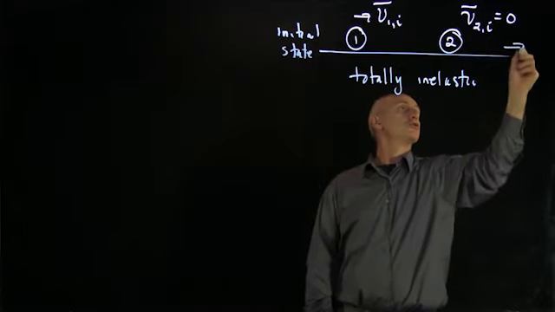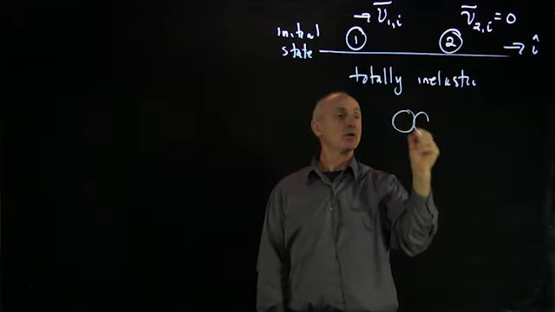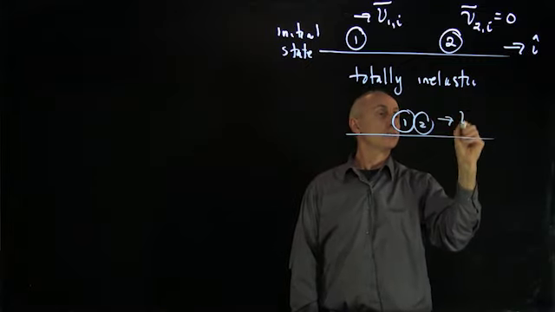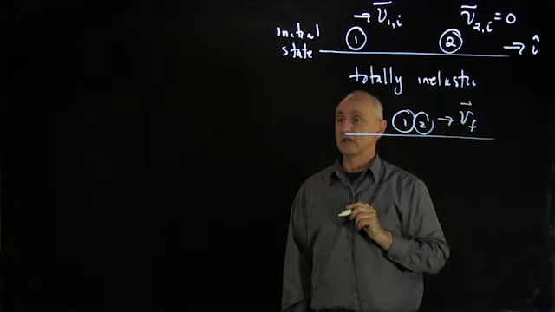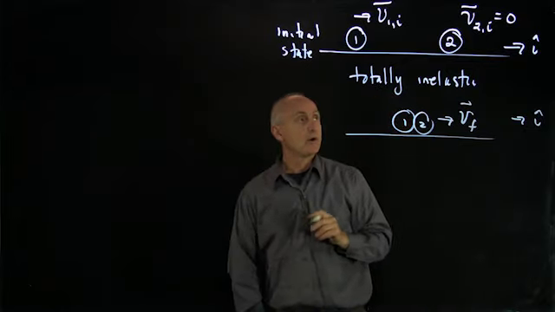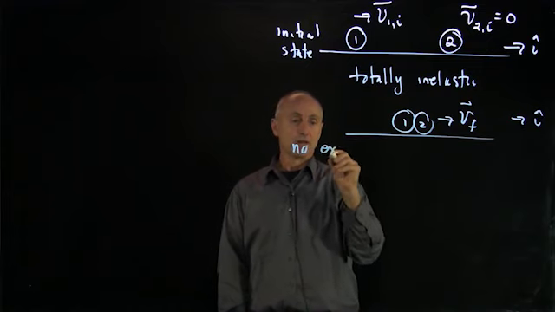and let's again choose a direction I hat, then our final state will just stick those two particles together, and they're going to move. We only need one velocity for the final state, I hat. Now, again, let's assume that there's no external forces.